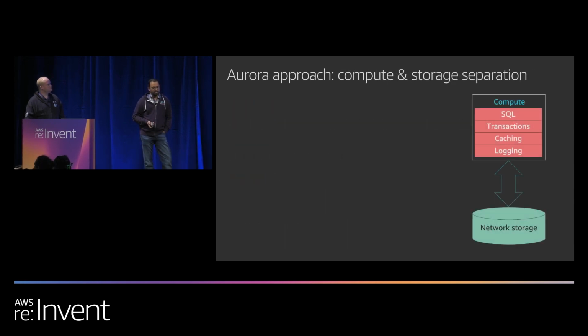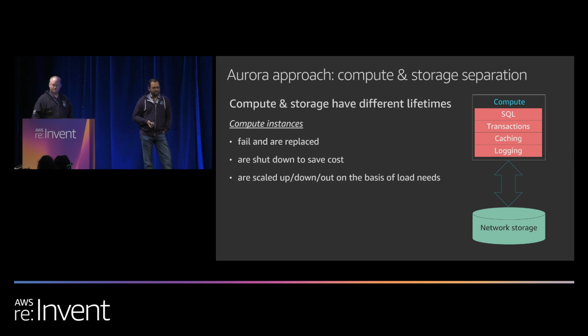So if we have that idea, you can see that you can separate the lifetimes of compute and storage. The compute node can go down, it can fail, it has to be replaced, and you might intentionally want to save cost, so you can shut it down. You can scale up when you want a bigger instance for heavy queries, and in the low period, you can reduce the size of the database instance.